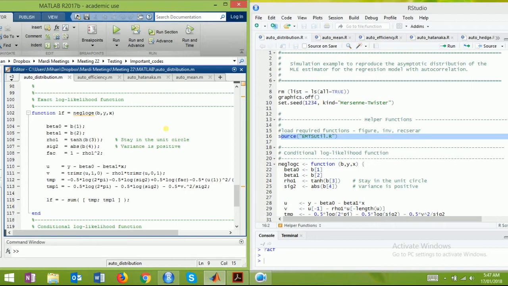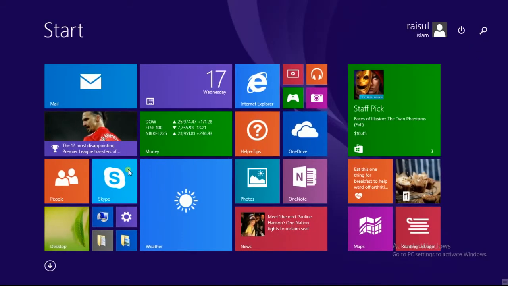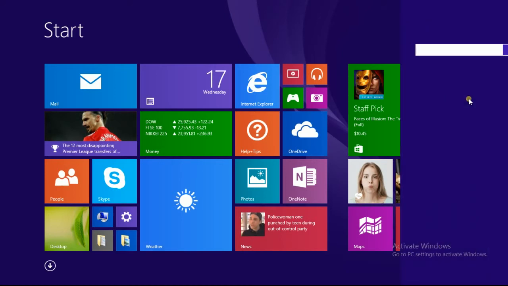This is very important to remember. Why are we putting a tangent function and restricting our parameter with a tangent function? Let me show you.